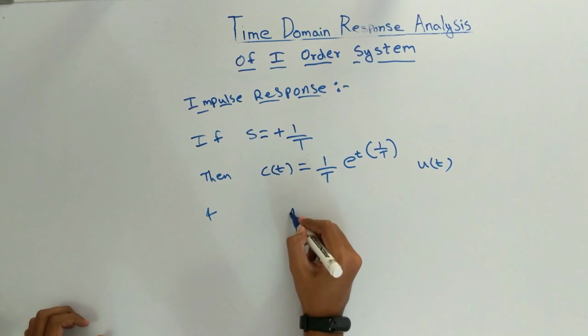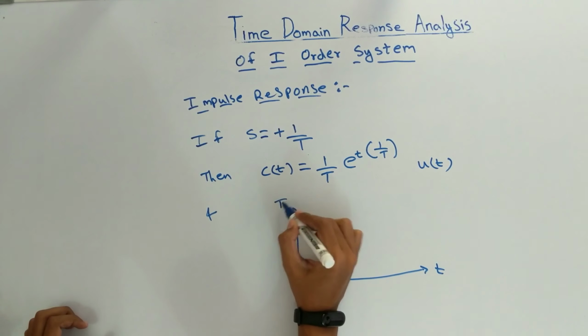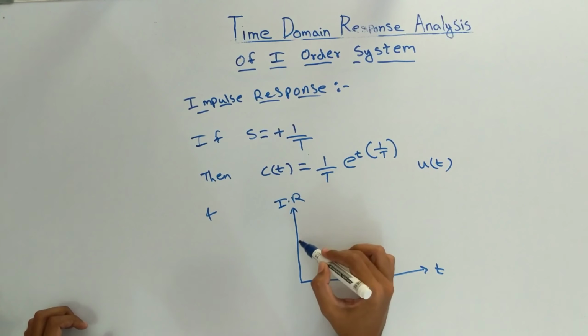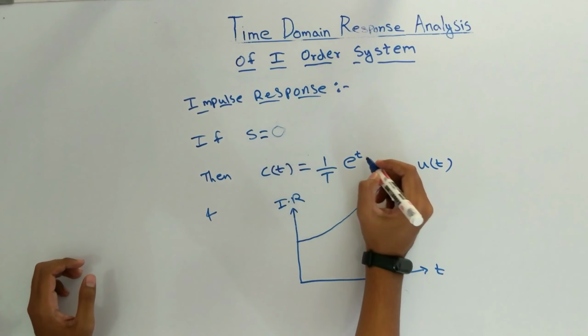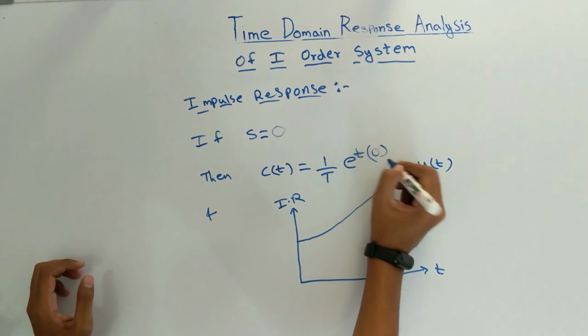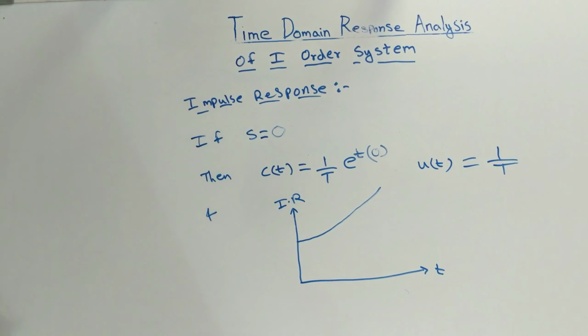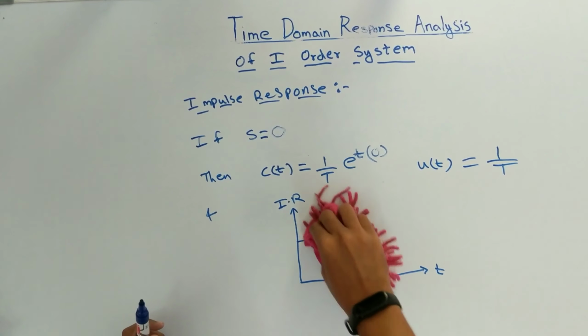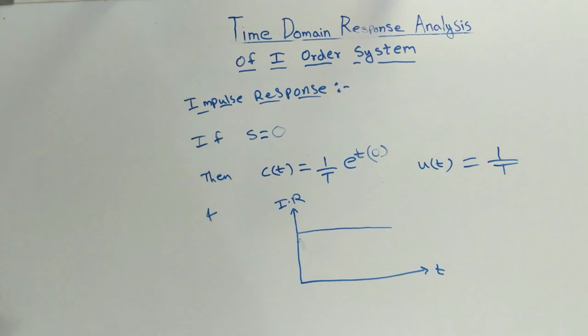Its graphical representation will be something like this. And if the closed loop pole is 0, that is neither negative nor positive, then c of t will be 1 by T e raised to 0 u of t, and its graphical representation will be something like this.